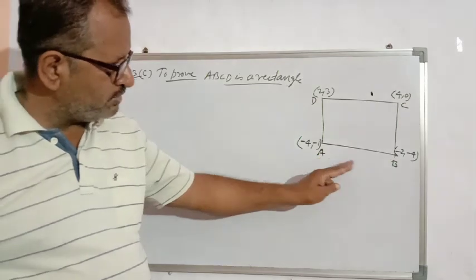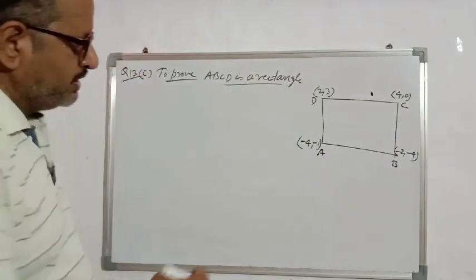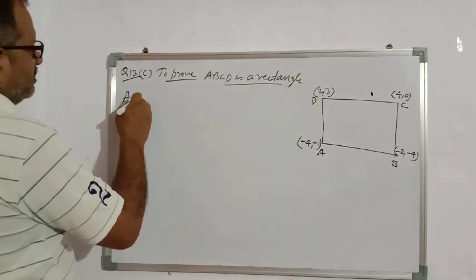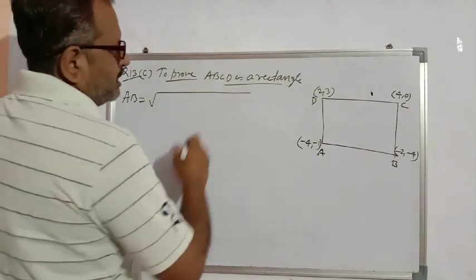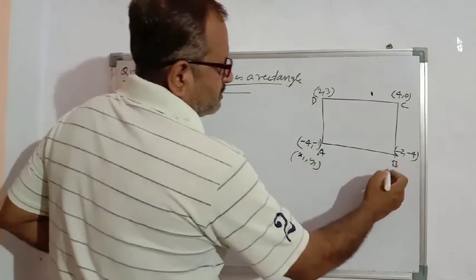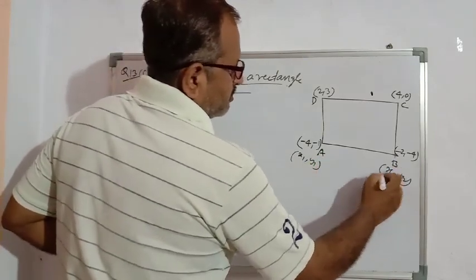So firstly find the opposite sides AB and DC. Find AB using the distance formula. Suppose this is x1, y1 and this one x2, y2.